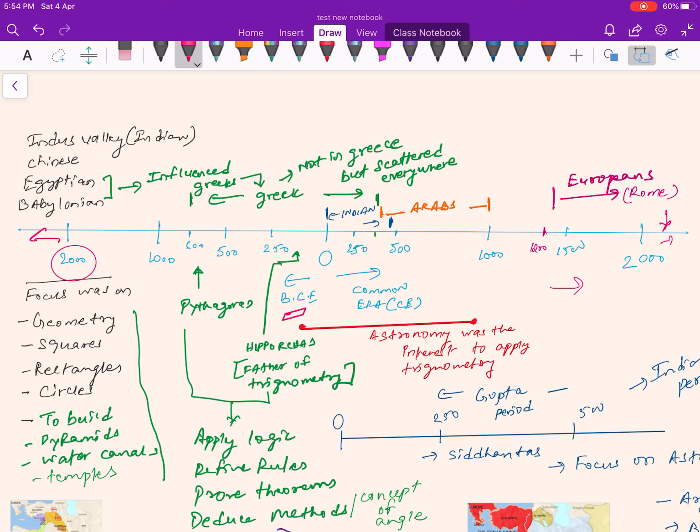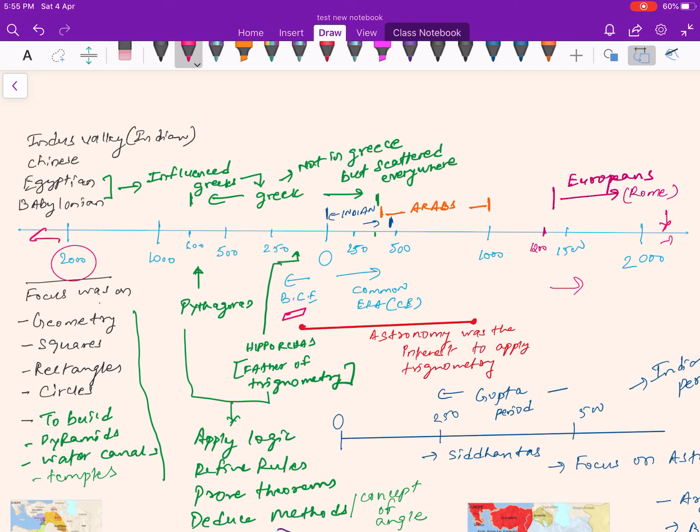Back then it was not so much about applied geometry. It was basically about getting different shapes of geometry and playing with them and using them for building whatever structures they needed to build. It could be pyramids, or water canals, or temples. The Babylonians were building magnificent temples of humongous size using these different shapes of geometry.